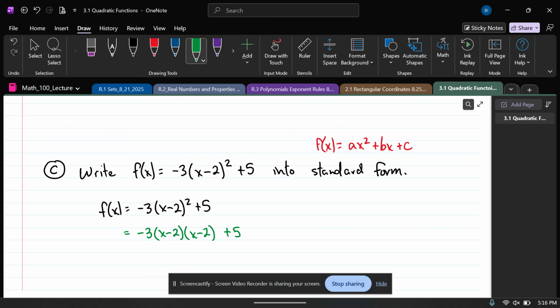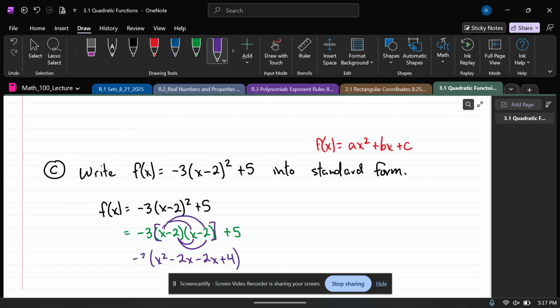Okay? Now, I'm going to still follow order of operations. After you do exponents, you multiply left to right. So I'm going to multiply these two things together first, and then I'll multiply that answer by negative 3. So x times x is x squared minus 2x minus another 2x, and then negative 2 times negative 2 is positive 4.